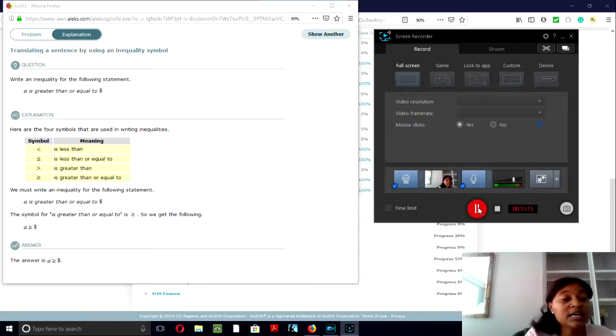So we look here at our symbols, and so we write down A, and then we find the greater than or equal to sign. The last one is greater than or equal to, and that's the one we pick. Okay, let's move on to the next problem.